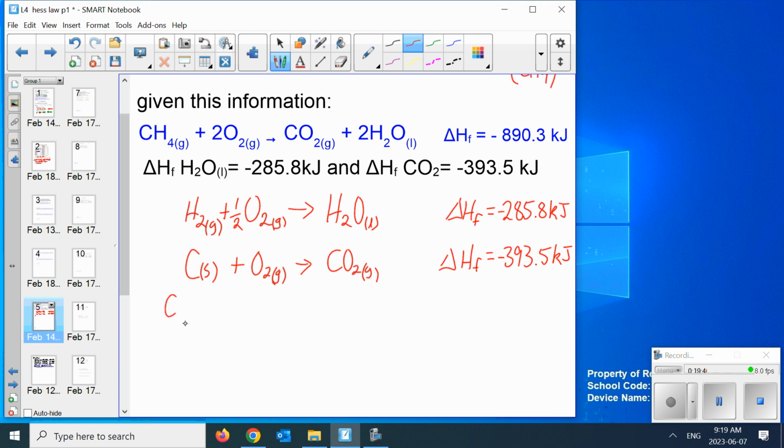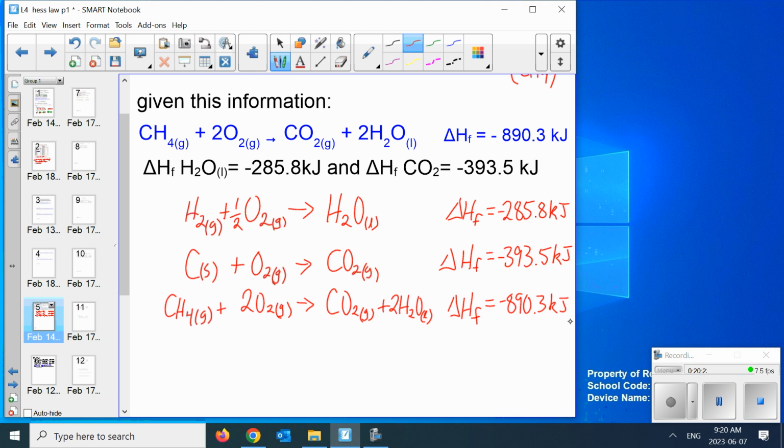CH4 gas, CO2, water. Okay. That's the given information. I've just rewritten it in the form that we're going to be able to use.